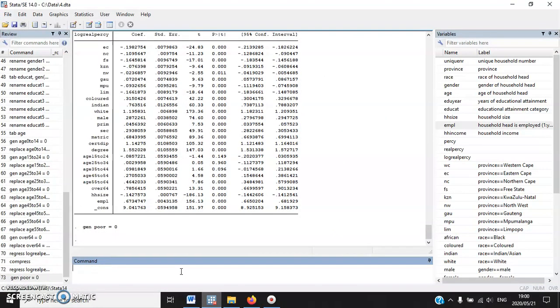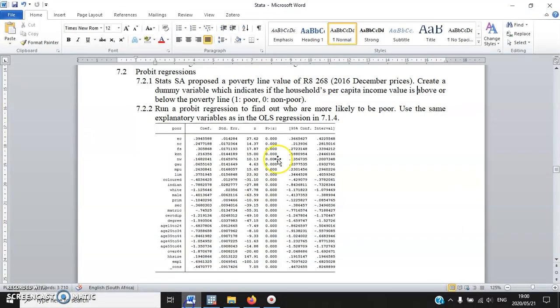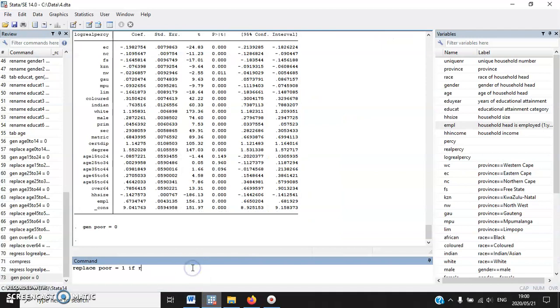So the poor dummy equals 0. And then replace poor equals 1 if we go back to the question, real per capita income is below 8268.